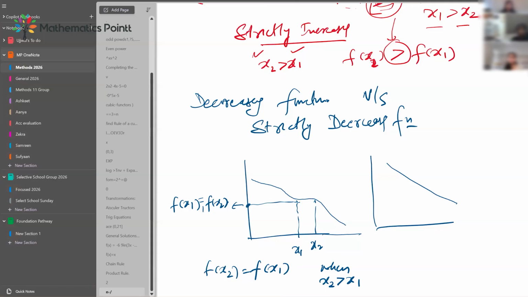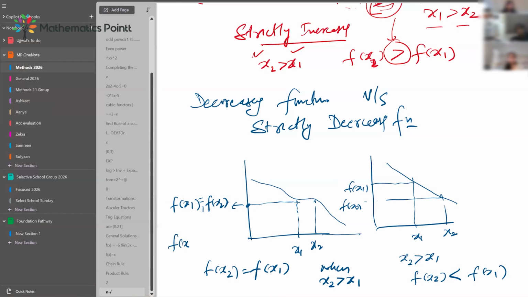Whereas in here, if this is x1 and this is x2, this is f of x1, this is f of x2. So here, your x2 is greater than x1 and your f of x2 is less than f of x1, strictly decreasing. The equality is missing. Here, I can say my f of x2 can be less than or equal to f of x1. The equal to condition is this condition. They're equal.